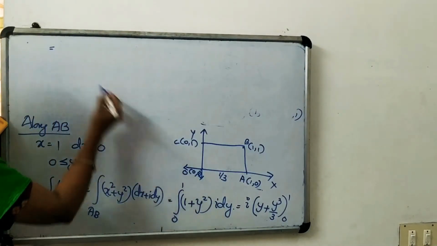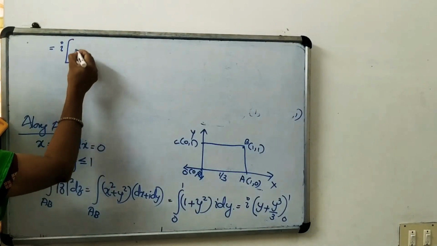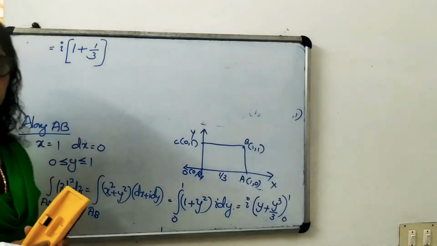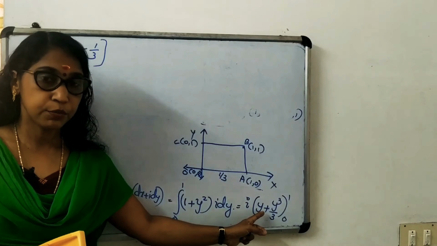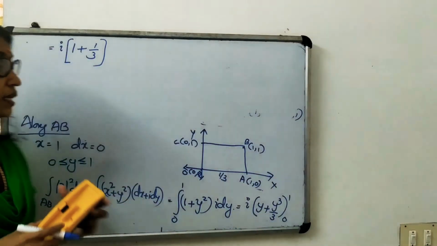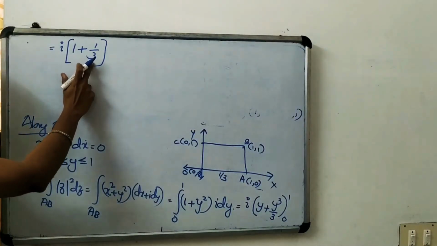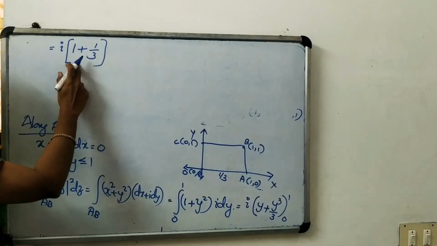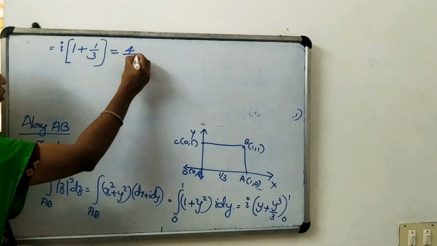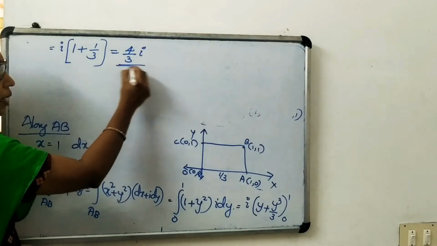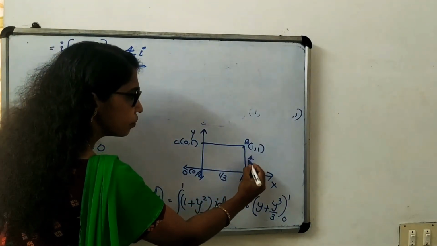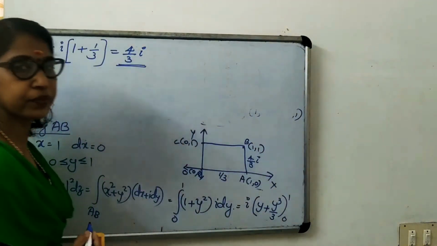Equal to i into, applying the limits, 1 plus 1 by 3. Lower limit is 0, upper limit is 1. So I am putting this 1 here, 1 plus 1 by 3. What is 1 plus 1 by 3? Here LCM is 3, so we get 3 plus 1 equal to 4. So 4 by 3 i. So this integral is 4 by 3 i.